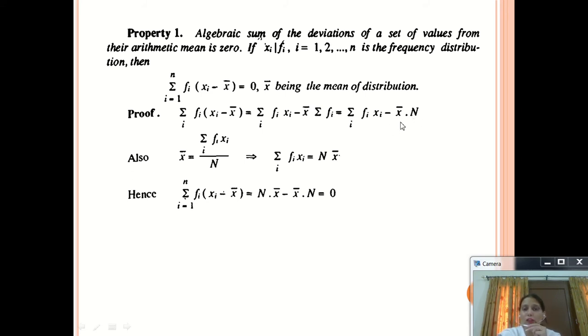Now we know the formula of x bar is summation fi xi divided by n. Cross multiplying, n x bar is equal to summation of fi xi. So we can put n x bar in place of summation fi xi in this equation. So the n x bar terms cancel, and the result will be 0. So this is the property: the algebraic sum of deviations of a set of values from their arithmetic mean will always be 0.